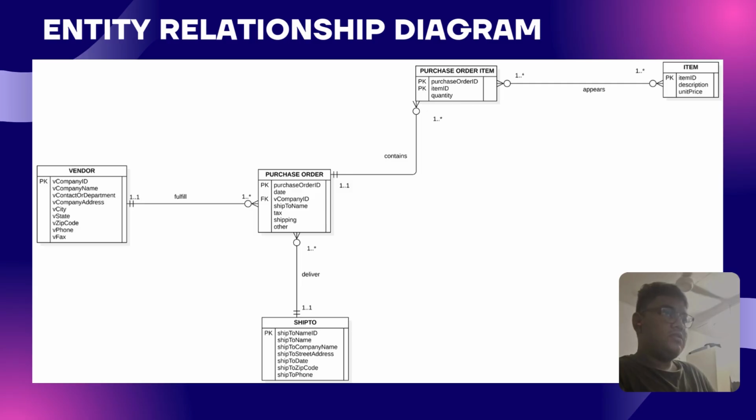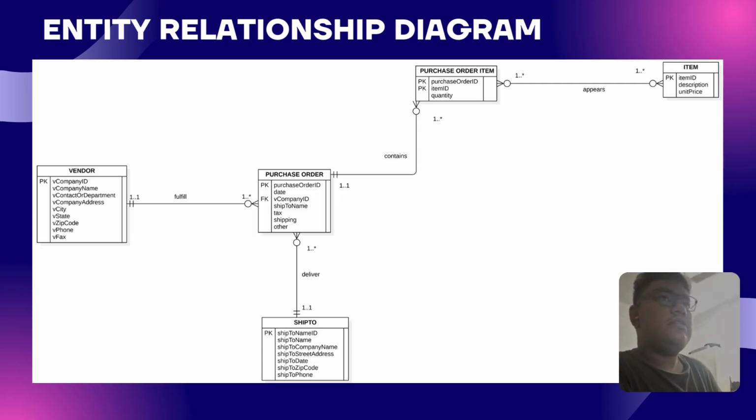And then from purchase order to purchase order item, the relationship is 1-to-1. This is because one purchase order item can only belong to one purchase order. And then from purchase order item to purchase order, the relationship is one to many. It is because one purchase order can contain multiple purchase order items. And then from purchase order item to item, the purchase order item will contain some of the base items.